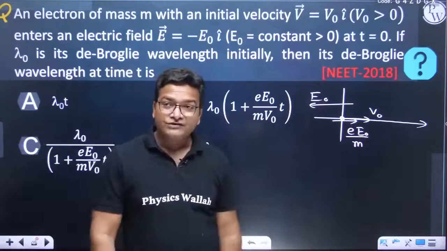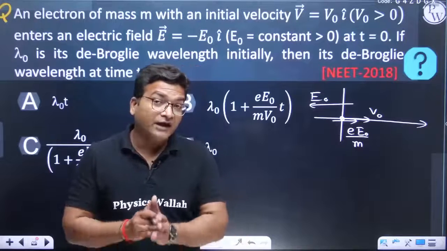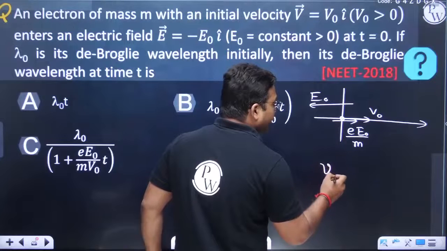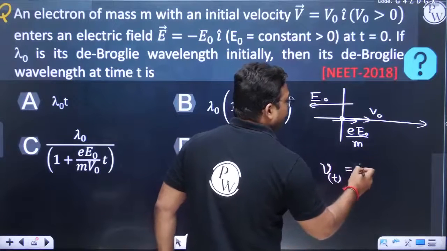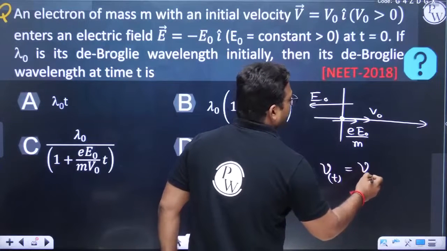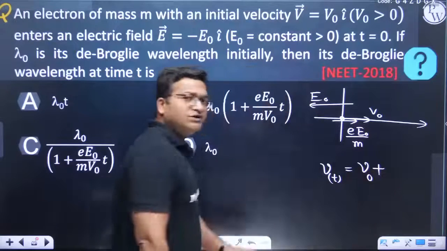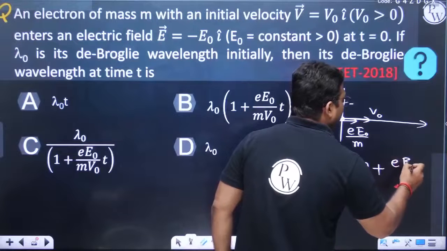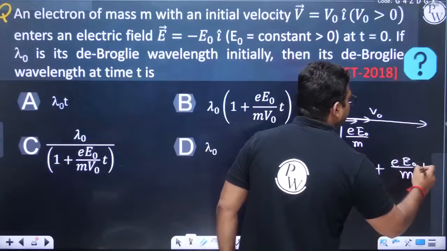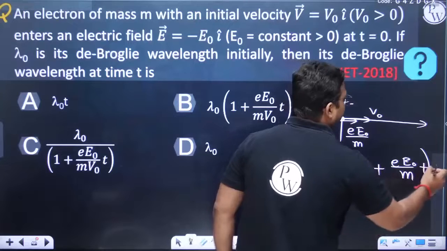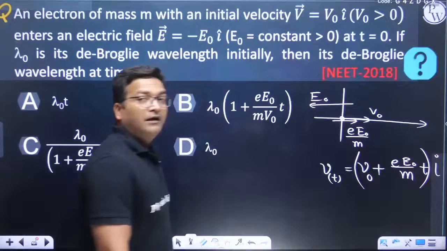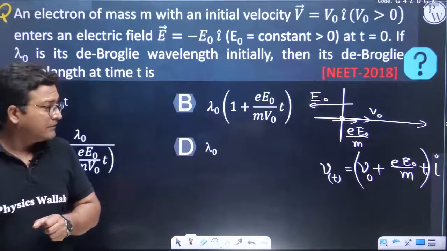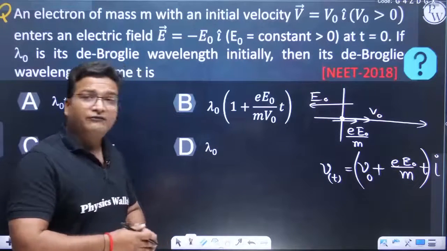If this is the acceleration, what would be the velocity after time t? The velocity after time t would be the initial velocity v naught plus acceleration times time, so v naught plus eE naught by m times t. This is the velocity, obviously in the x direction. They are asking what the de Broglie wavelength is after time t.